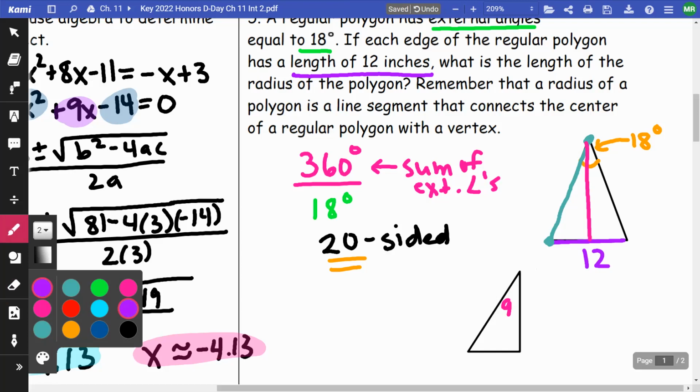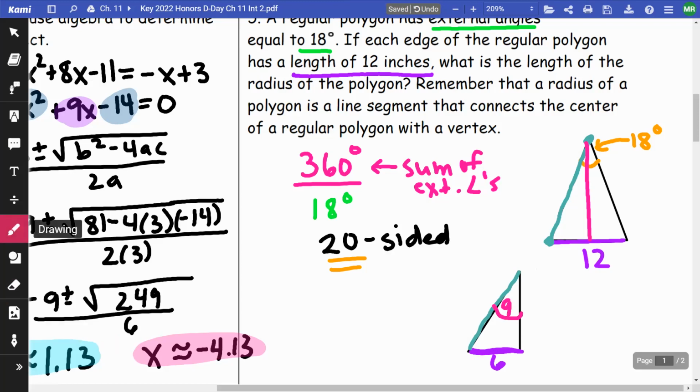And this is going to be half of that 12, which is 6. What I am trying to find is this length right here. Using this 9 degrees, I know the opposite and I want to find the hypotenuse.